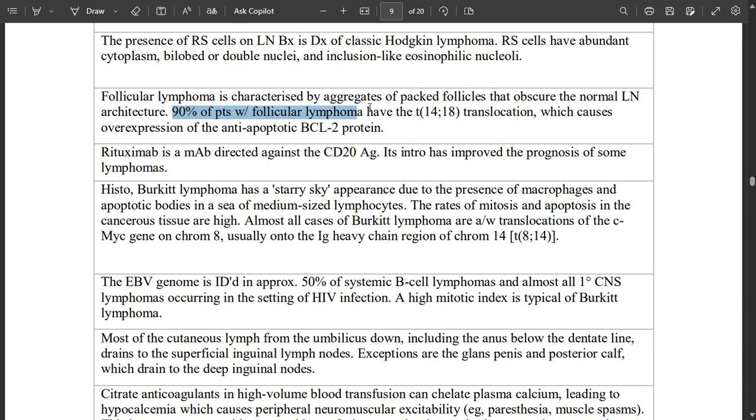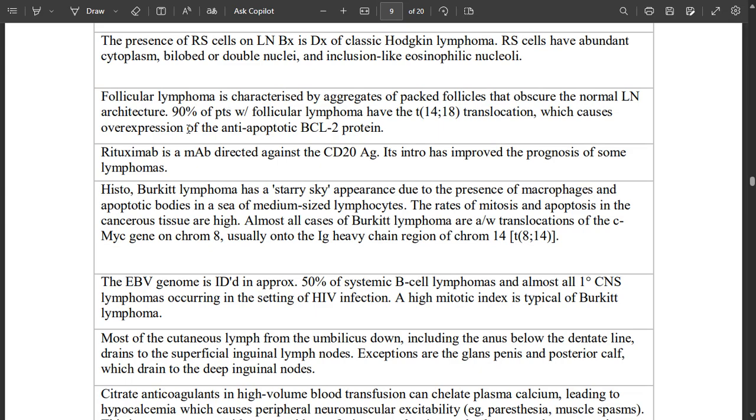90% of patients with follicular lymphoma have the 14;18 translocation, which causes overexpression of the anti-apoptotic BCL2 protein. So BCL2 protein prevents apoptosis.